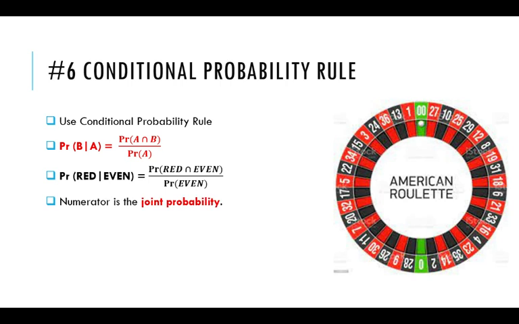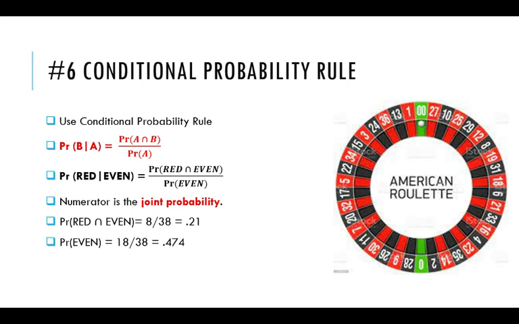So the numerator is the joint probability, but these are not independent events, so we don't really have an equation that we can plug in there yet because we're about to cover that, but we can calculate this pretty easily by adding it up. So what is the probability of red and even? Well, I can go to my roulette wheel and see that there are 8 red and even spaces out of a sample space of 38, so 0.21. So that's my numerator.